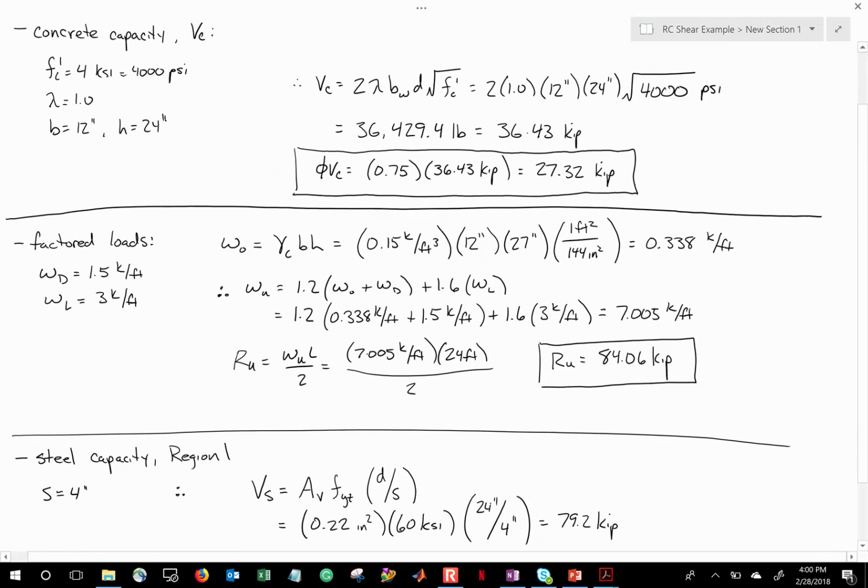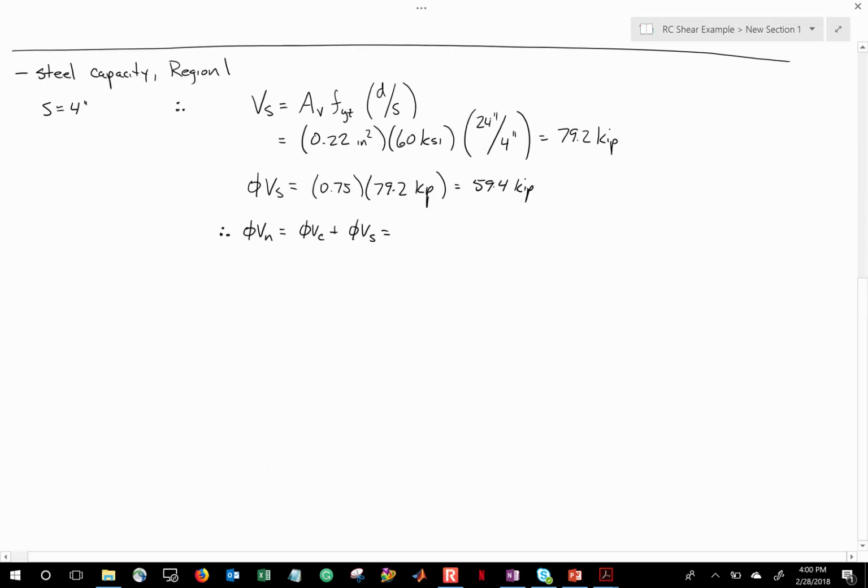And here is a perfect example of making sure that you're cognizant with your units. If you don't convert VC, you're liable to put VC in pounds and VS in kips. So just make sure you're consistent, make sure you're diligent. That is 27.32 kips plus 59.4 kips.